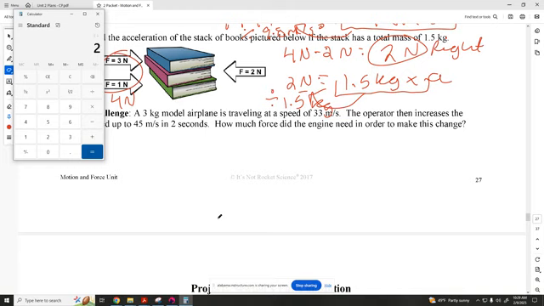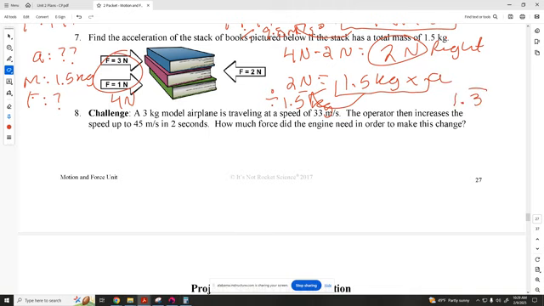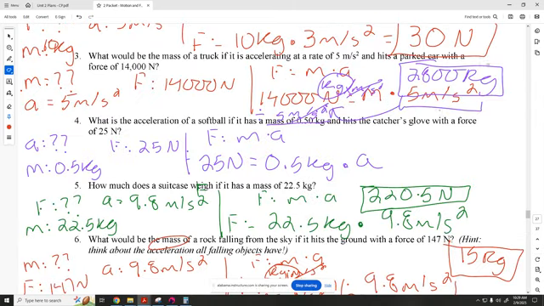Put that in my calculator. I get 1.3 repeating. A newton is kilogram times meters per second squared, so kilogram will cancel with kilogram. I'm left with meters per second squared. That is my acceleration.